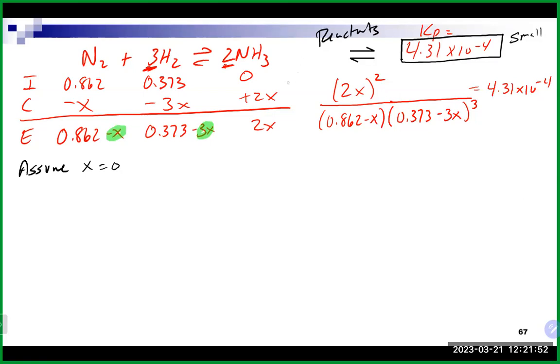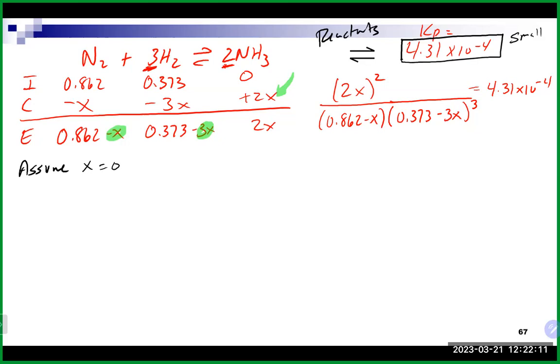The reason we can't get rid of this x here is that the starting value is 0, right? If you started at nothing, even if you made a little of something, that's more than you started with. So it's sort of a significant change for our products in this case, because we started with nothing.